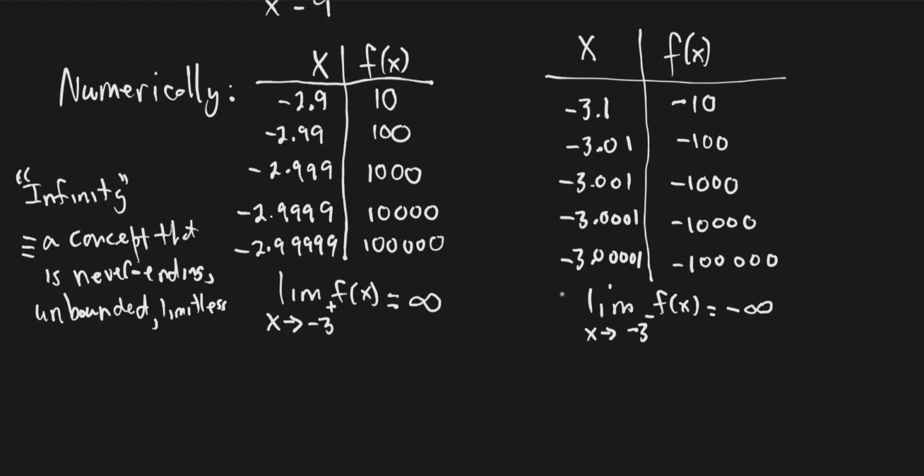Suppose I wanted to graph this particular function close to -3. So think about these numbers on your x-axis, right? Like the -2.9, -2.99, and then the -3.1 and the -3.01 and so forth. And then think about where these numbers would be on the y-axis: 10, 100, 1,000.